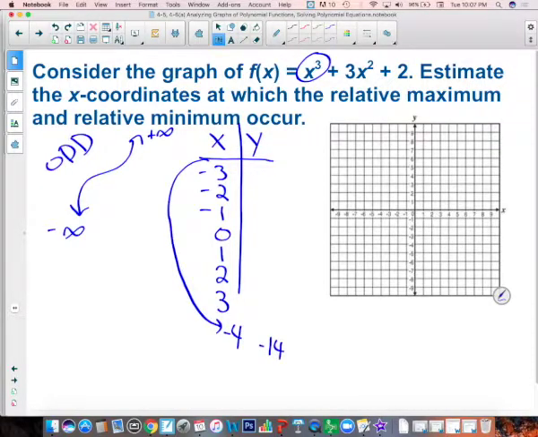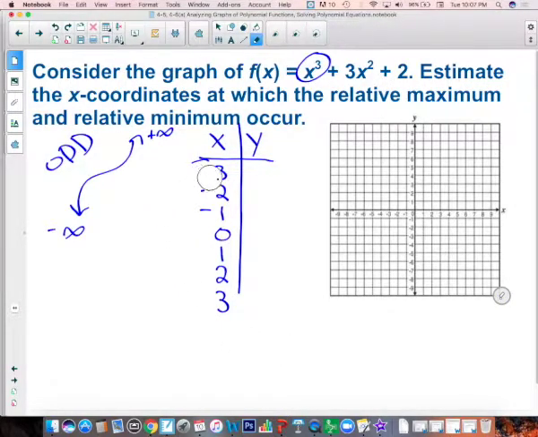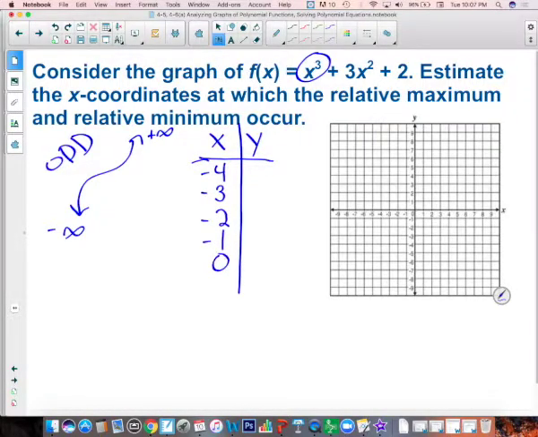Negative 3, I'm just going to rewrite this because that is going to be a bad graph. Okay, making my XY chart. I'm going to start with negative 4 here. I think I might need extra points.